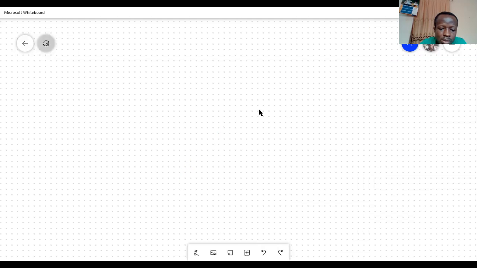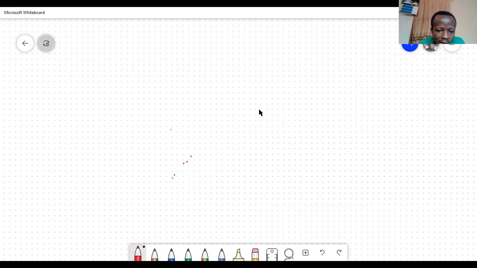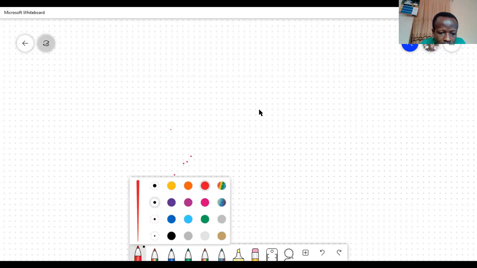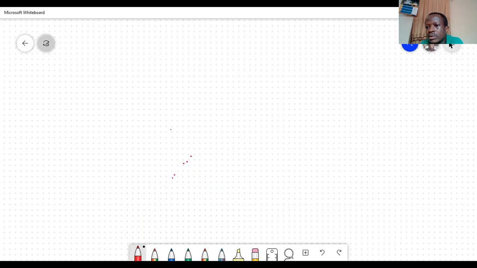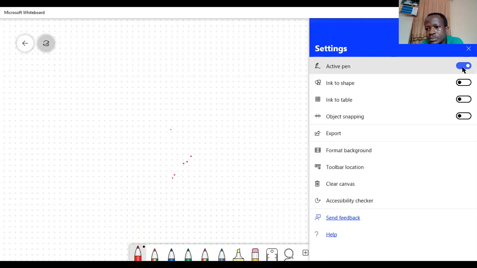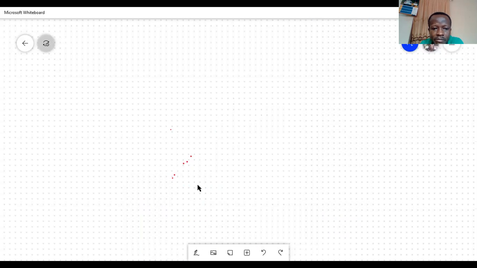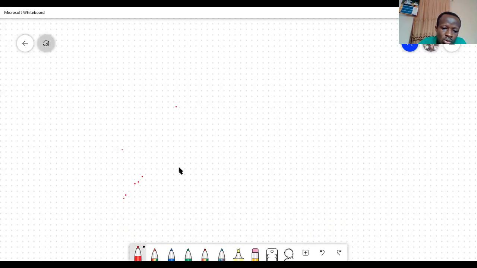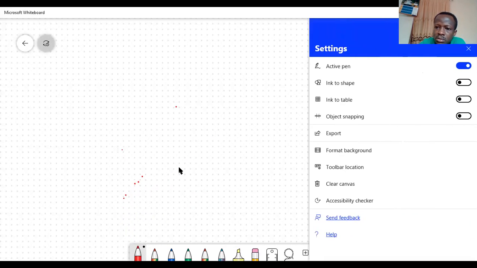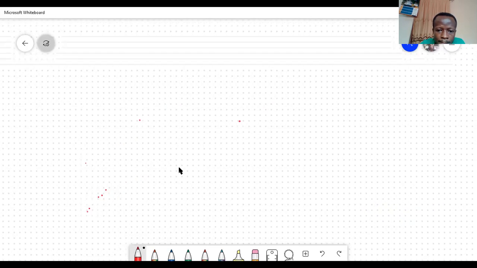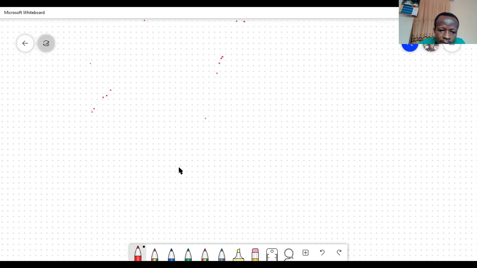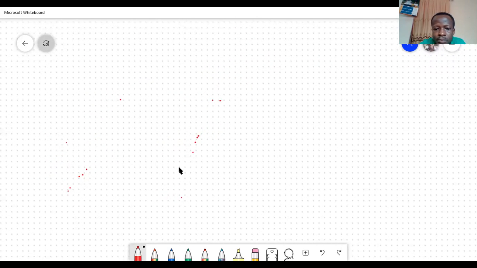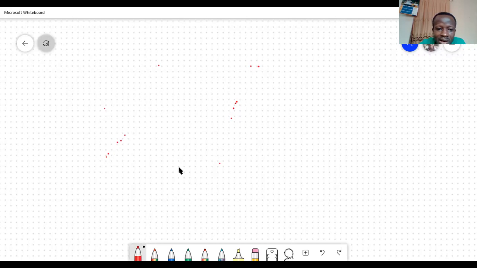If it doesn't work, I'll carry on. It seems to be working, then all of a sudden it doesn't work. Okay. Then today I don't think we'll be using it. The Microsoft Whiteboard is my favorite for teaching because I'm able to draw on it. But now I'm only getting dots. Israel and Accra cannot stay. Hey.